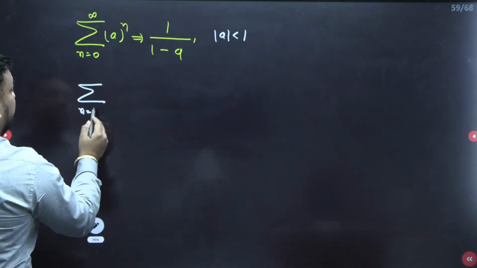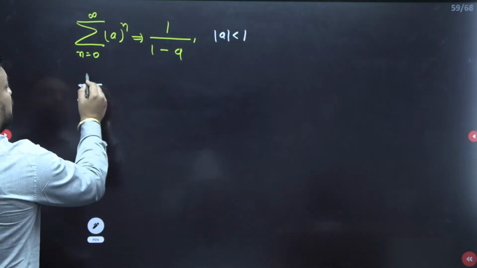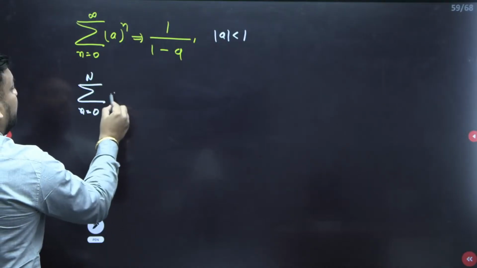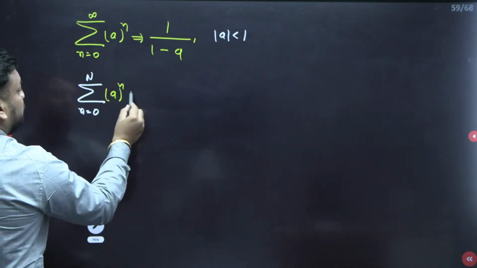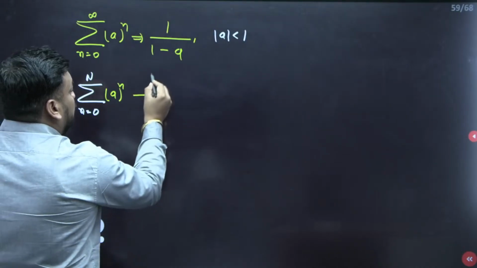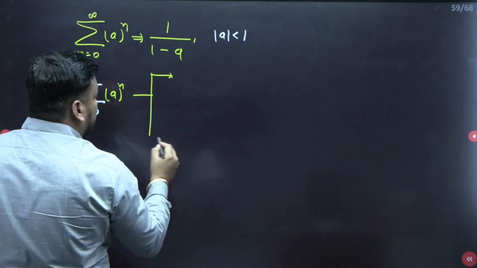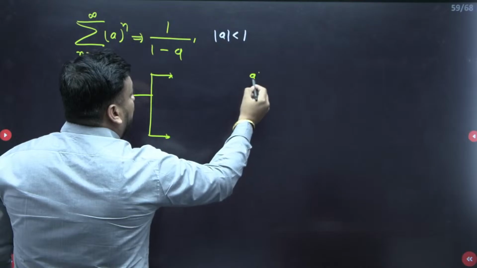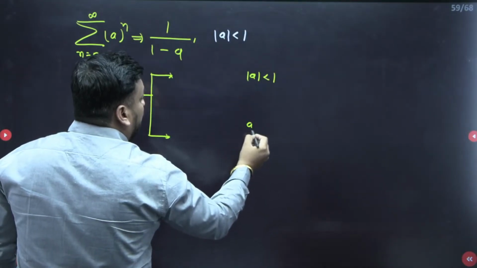If I talk about the second formula, I am writing here sigma of n equal to 0 to capital N, and here a to the power n. And this time I have two conditions: one is mod of a less than 1 and the other is mod of a greater than 1.